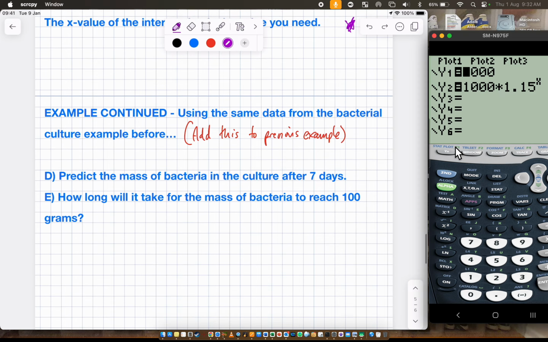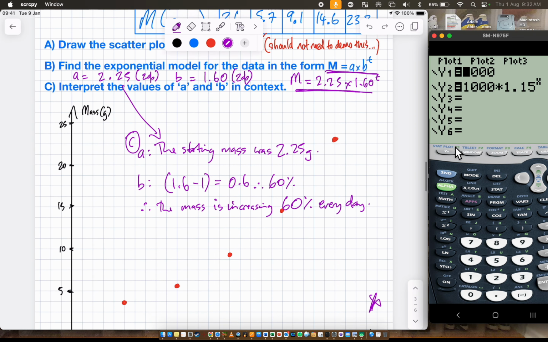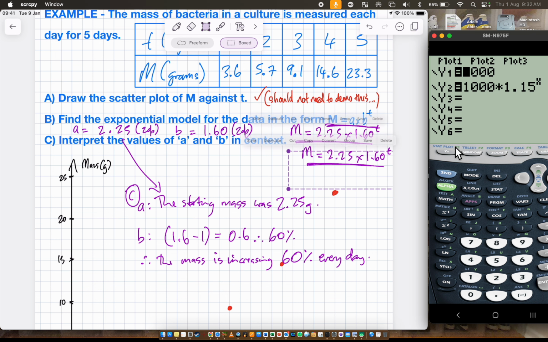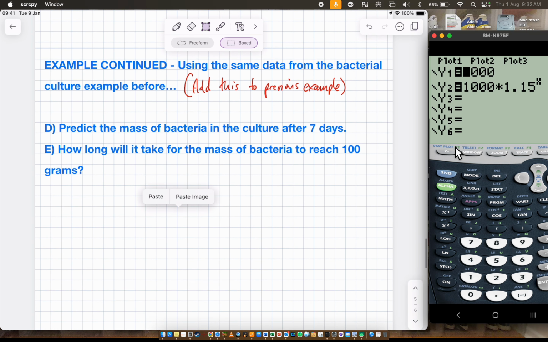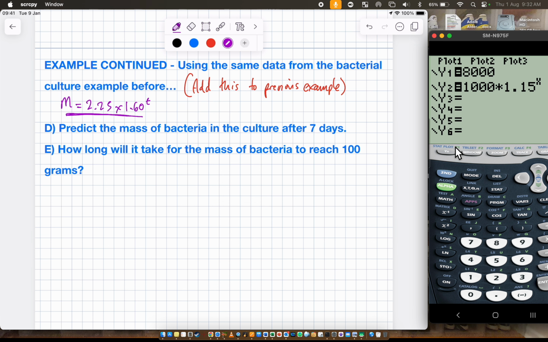We are going to continue that previous example with the bacteria. We established that our model was m equals 2.25 times 1.60 to the power of t.